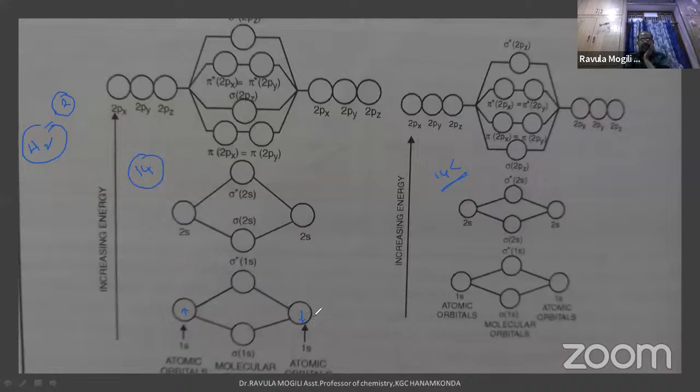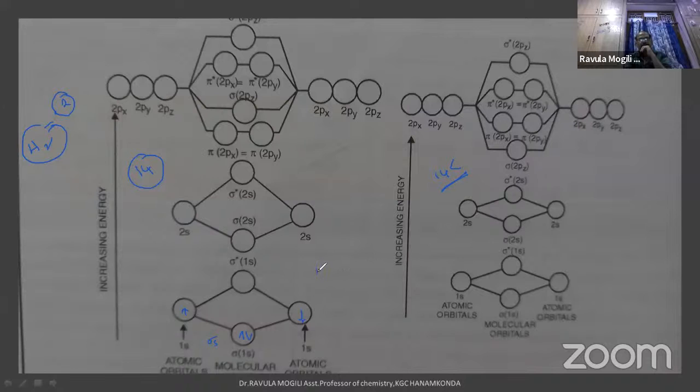When these two s orbitals combine, the electrons enter the sigma 1s bonding orbital.